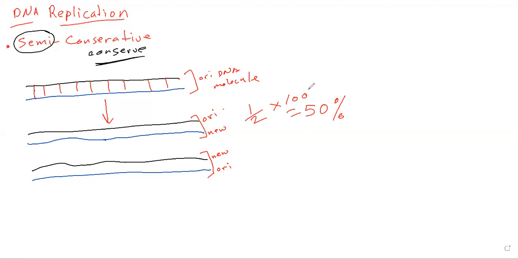All right, in terms of the process of DNA replication, there are two forms of DNA replication. One is continuous. What is the next one? Discontinuous.